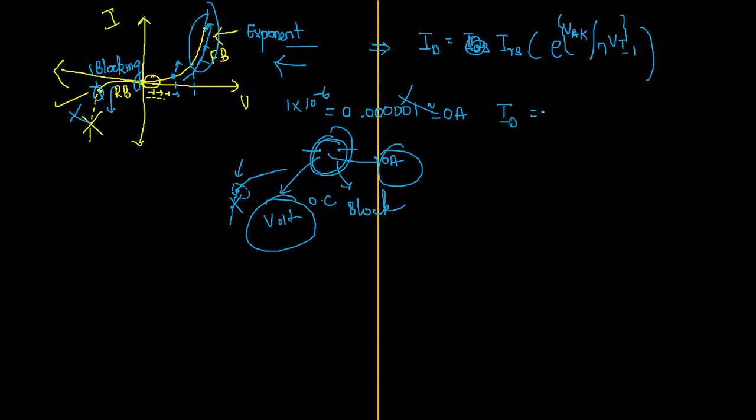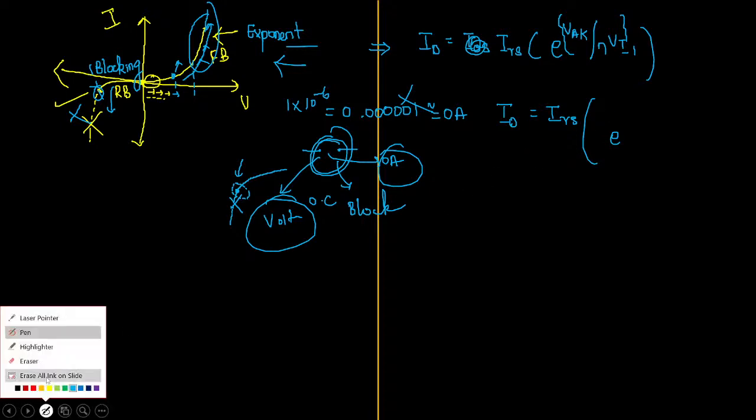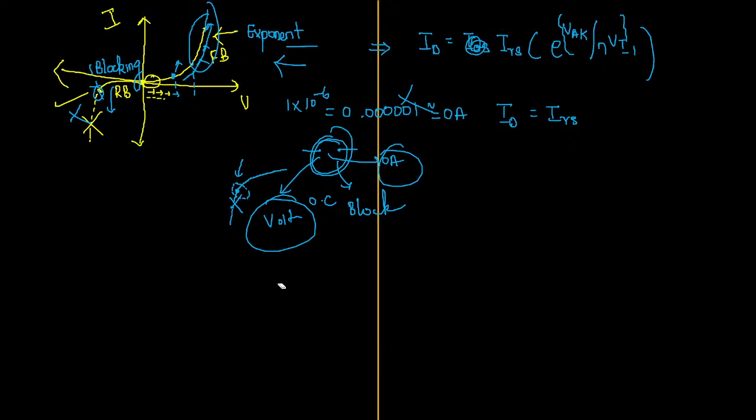This diode current can be written as reverse saturation current into, in bracket, e to the power of VAK divided by eta times VT, and then the whole exponential term minus 1. So this is the actual expression for current flow through the diode. Remember it, that is very very important.